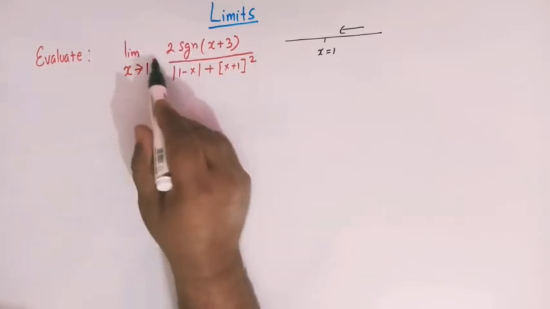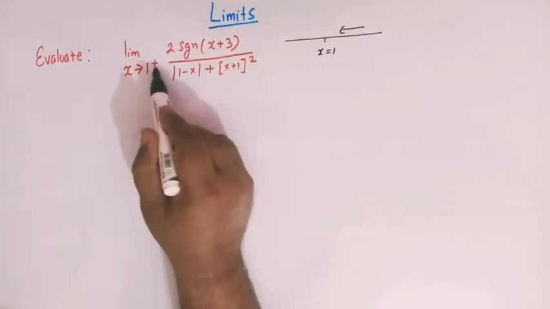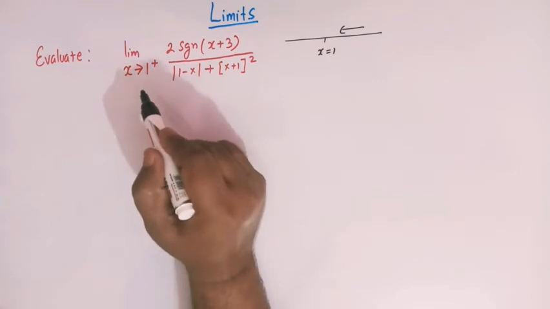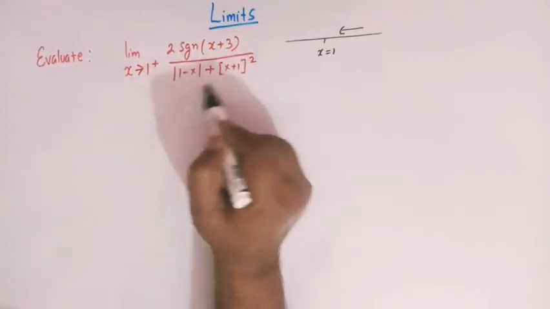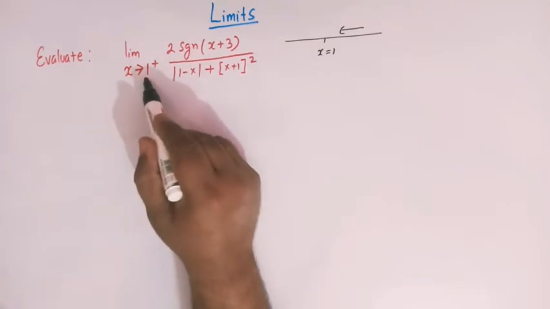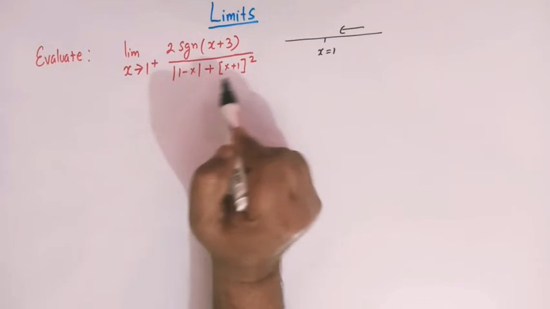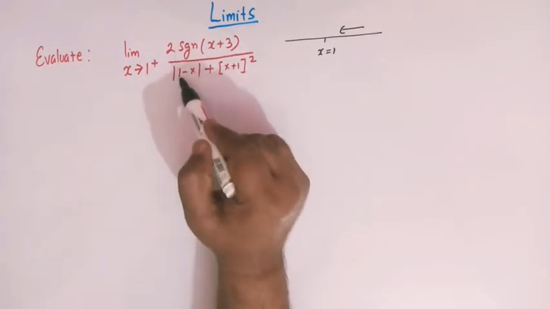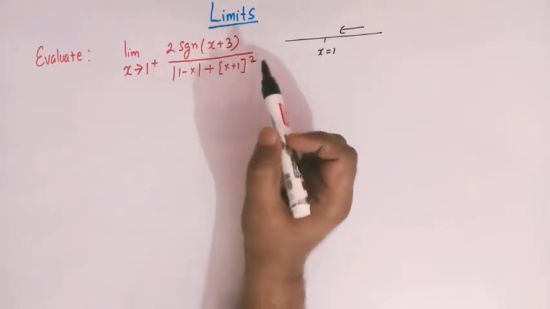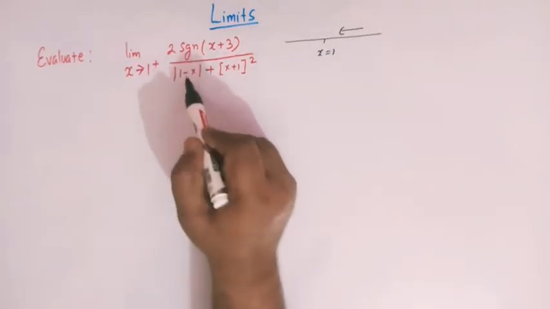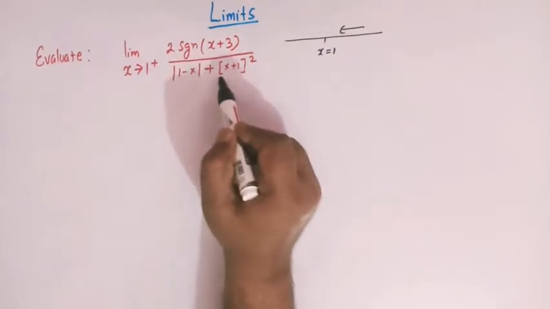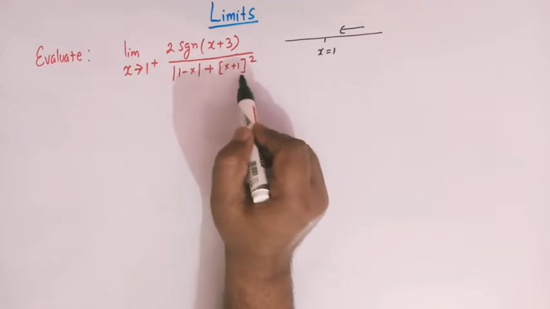And moreover, this positive sign shows that we are evaluating the right hand limit of this function when x approaches 1, right? And here we also see that we have the combination of three very important functions in mathematics, that is the signum function, the mod function, and the greatest integer function, right?